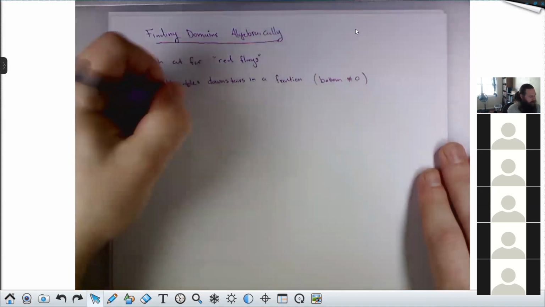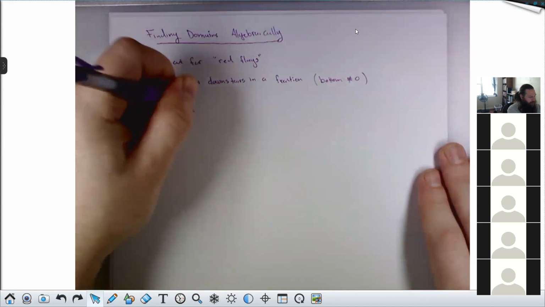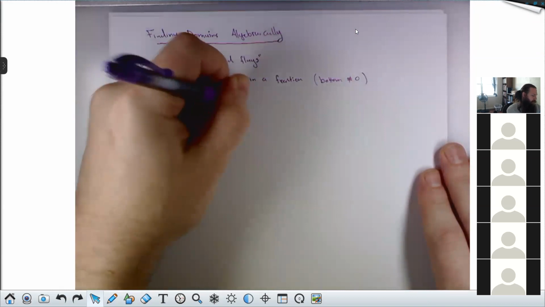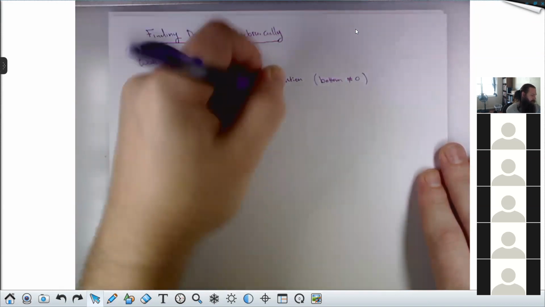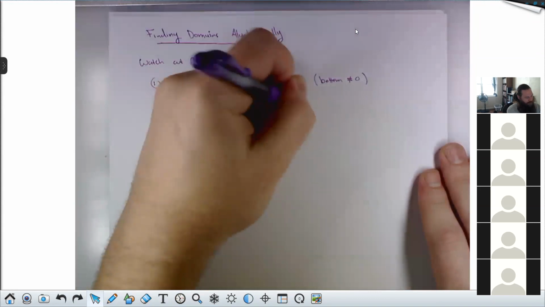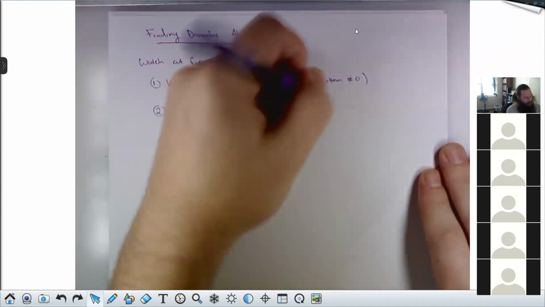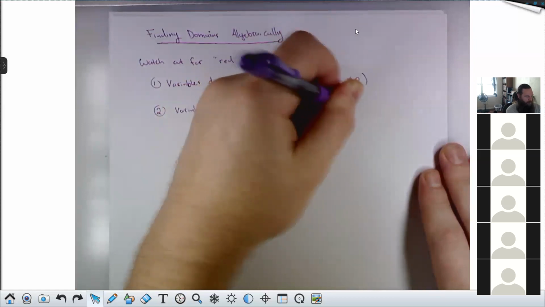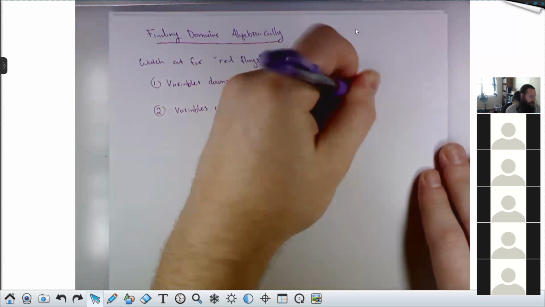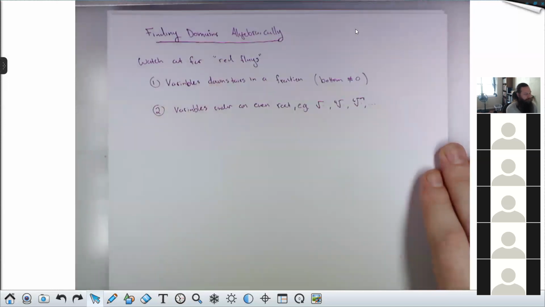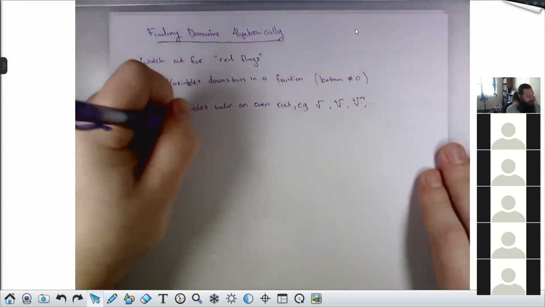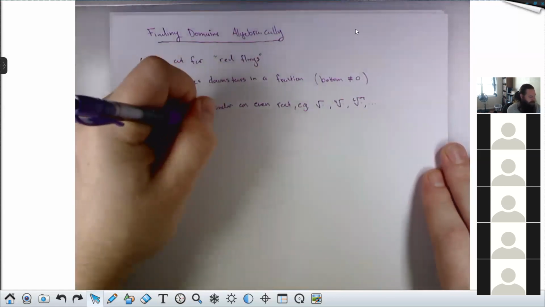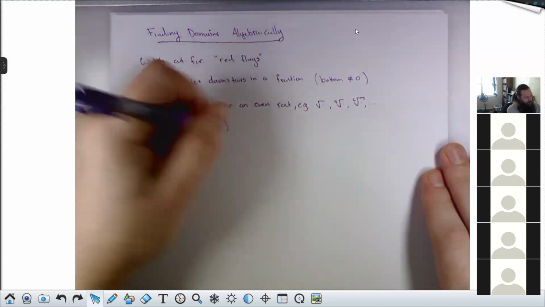Other domain red flags: if you have any variable stuff under an even root, like under a square root or a 4th root or a 6th root, etc., the inside of even roots needs to be greater than or equal to 0.